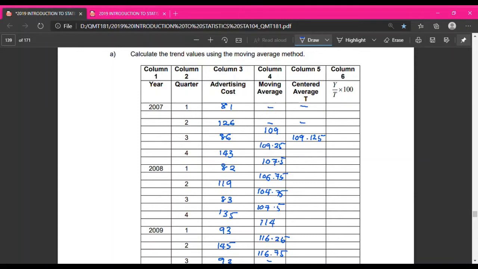So next one, 109.25 plus 107.5 divided by 2, 108.375.